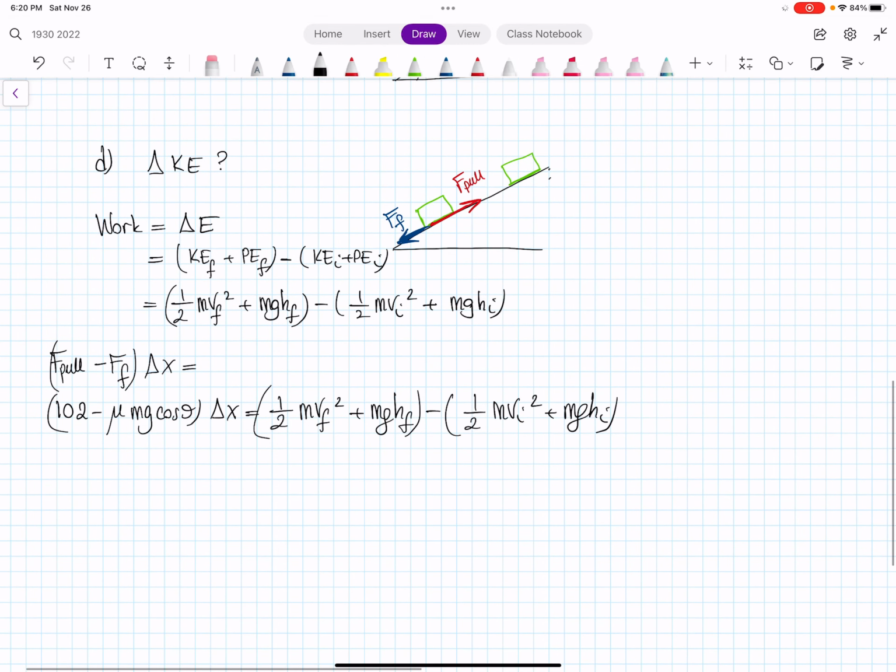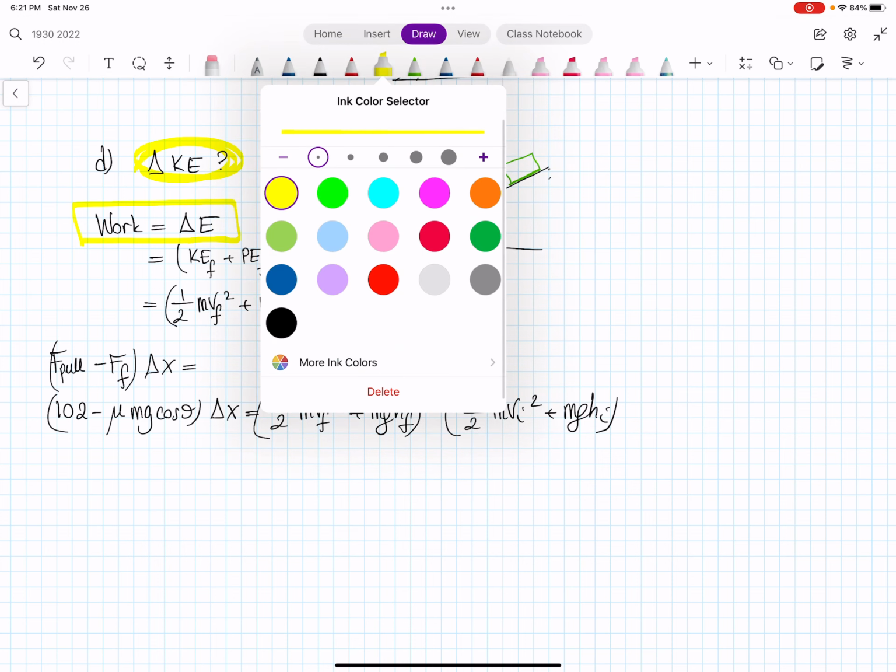The question is asking you to calculate the change in kinetic energy, but you have a long way to go. You must first of all resort to the work being done is equal to the change in the total energy. What is the change in energy?